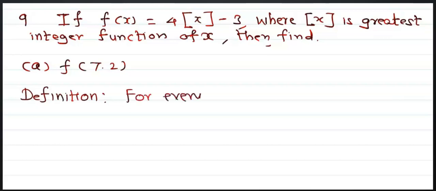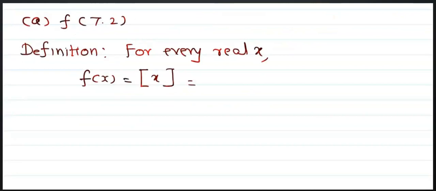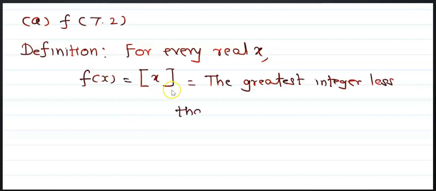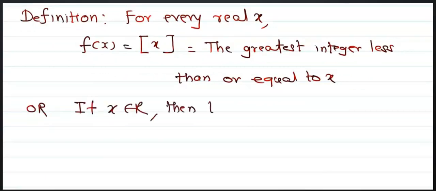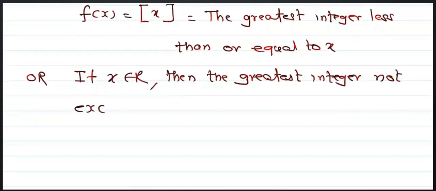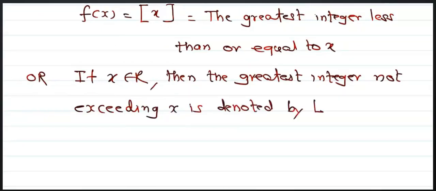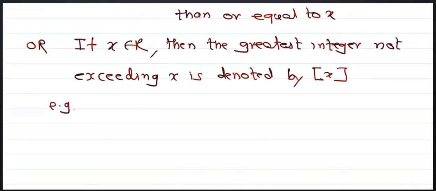What is the definition of the greatest integer function? For every real x, f of x is equal to the square bracket x. It means the greatest integer less than or equal to x, or if x belongs to R, then the greatest integer not exceeding x, denoted by the greatest integer of x.